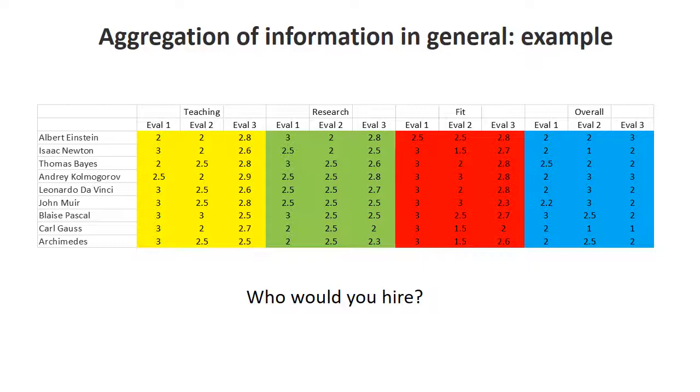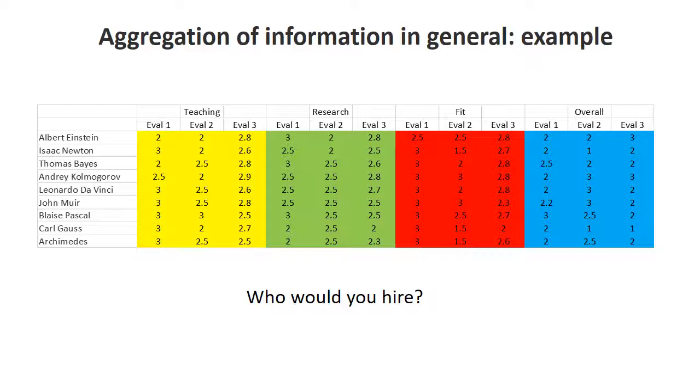First category is teaching abilities, second is research impact, and say the third is fit to the particular department or school where they would be having a position. And then they will be asked to provide an overall score. So the question is, who would you hire?